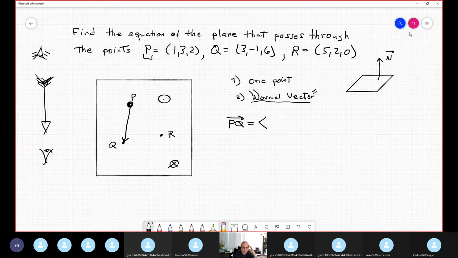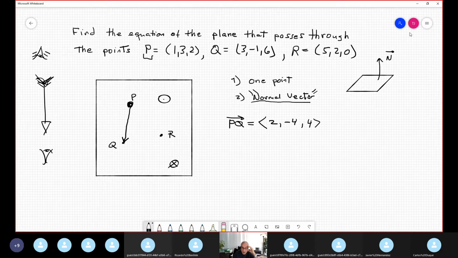This is a vector, angular brackets, not parentheses. Remember, I suppose that Q is the arrow of the vector and P is the starting point of the vector. You're subtracting: 3 minus 1 is 2, comma, -1 and -4, comma, and 6 minus 2 is +4.